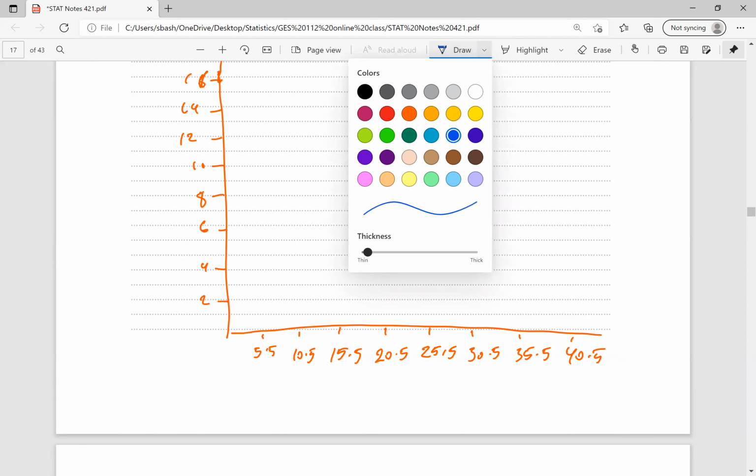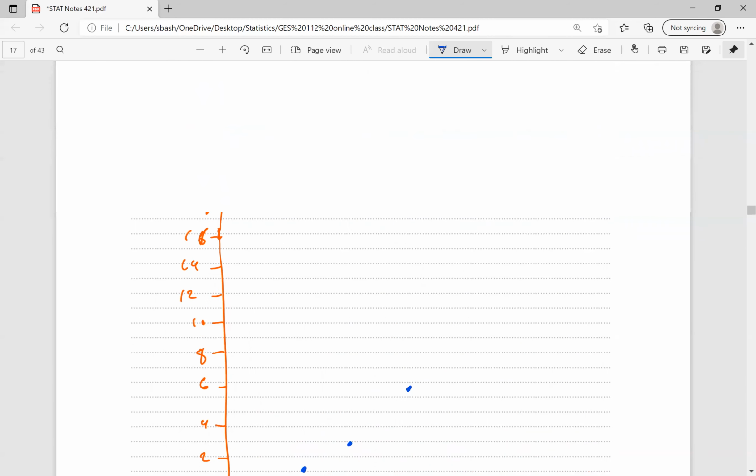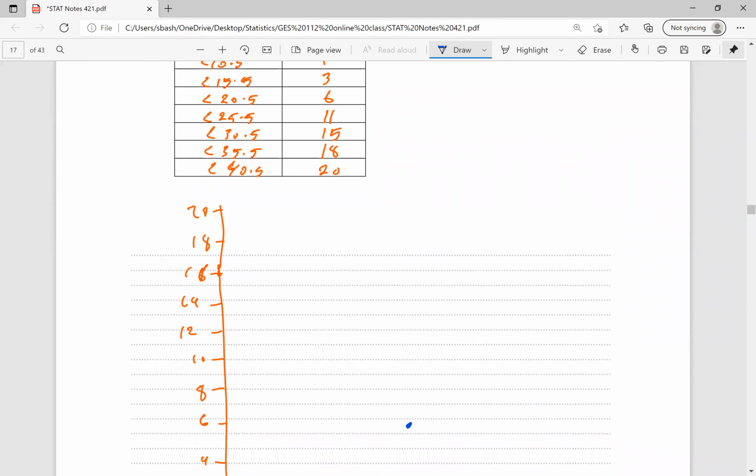Less than 5.5 is 0. 10.5 is 1. 15.5 was 3. 20.5 is 6. 25.5 is 11.